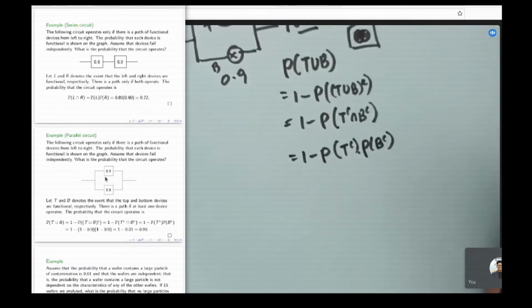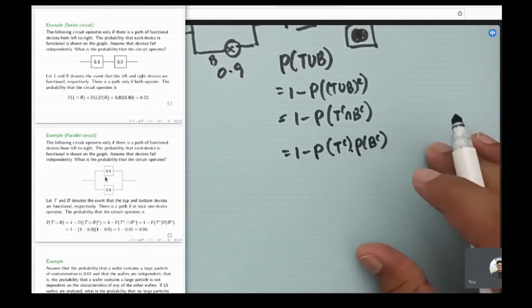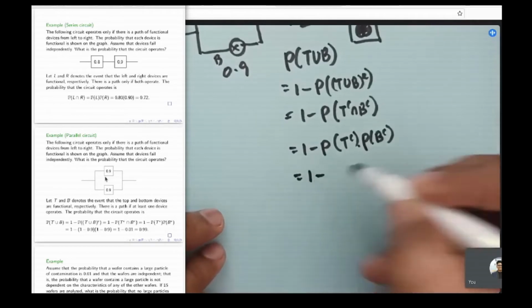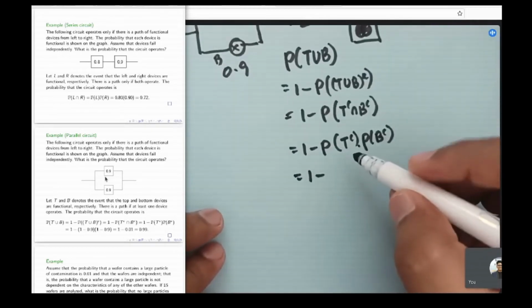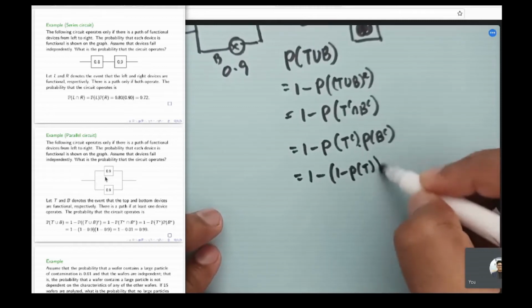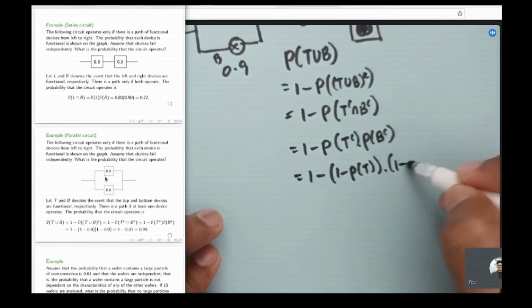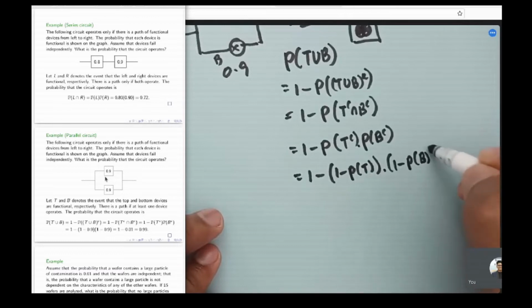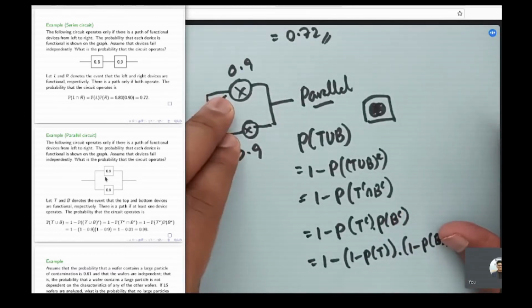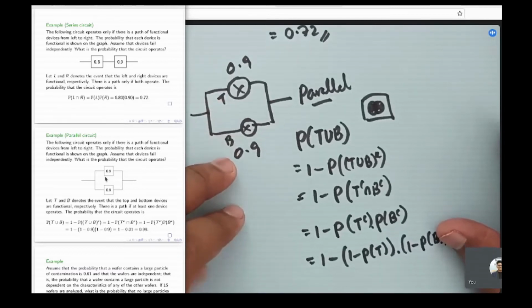So since we already know the failure probability of each of these devices, P of T complement is going to be 1 minus P of T times 1 minus P of B. So we know that P of T is equal to 0.9 and P of B is equal to 0.9.